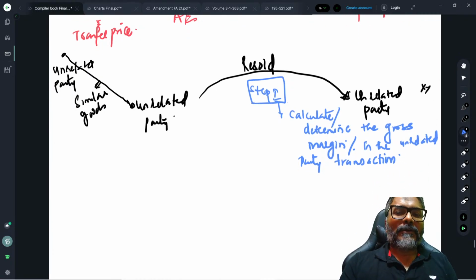That is the first and the foremost step that you have to do.